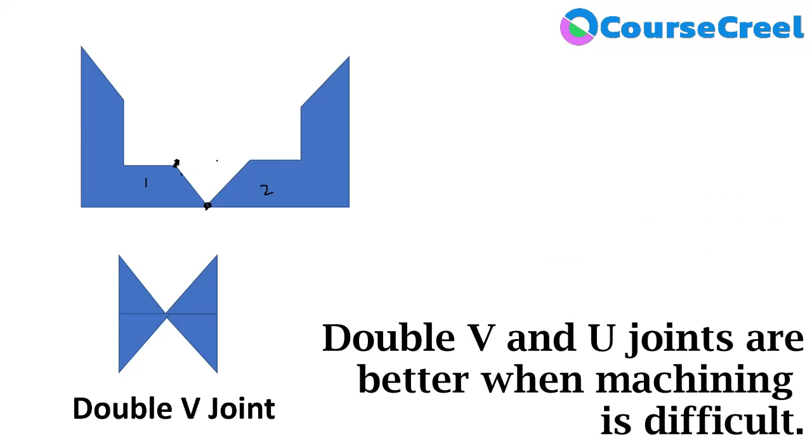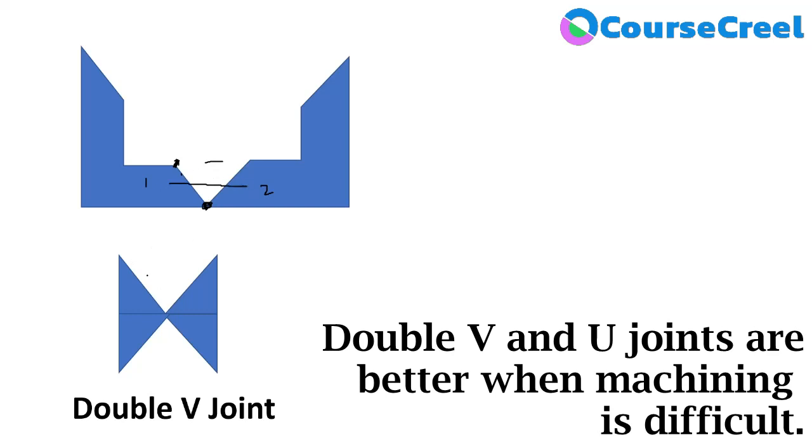This joint will come with many defects like porosity, cracks, etc. So we need some modification in this job or metal part so we can penetrate the heat till this end, till the complete depth. Here, in place of one V groove, we can use a double V groove or double V joint. So it is divided into two parts.